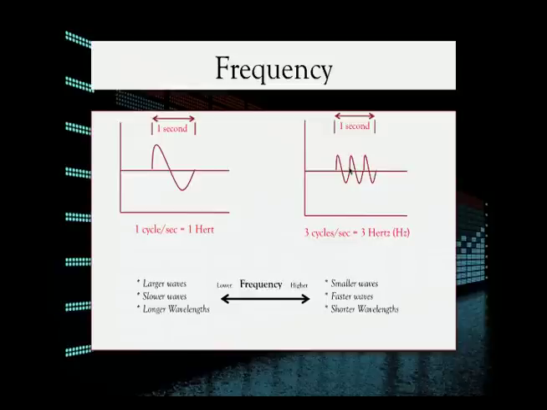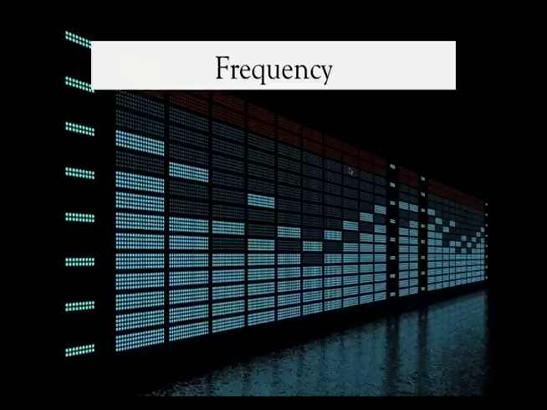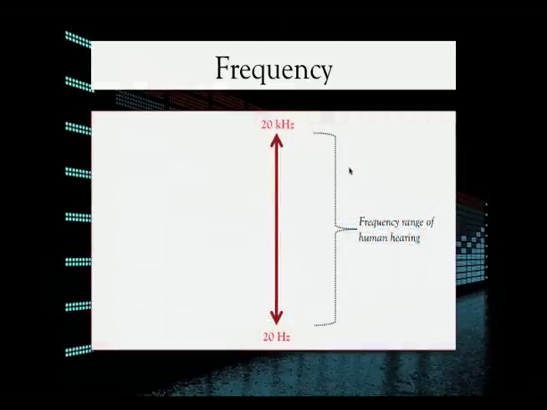So those would be much faster, whereas on the left, you just have 1 cycle. You could also say about lower frequencies that they have longer wavelengths, whereas higher frequencies have shorter wavelengths.